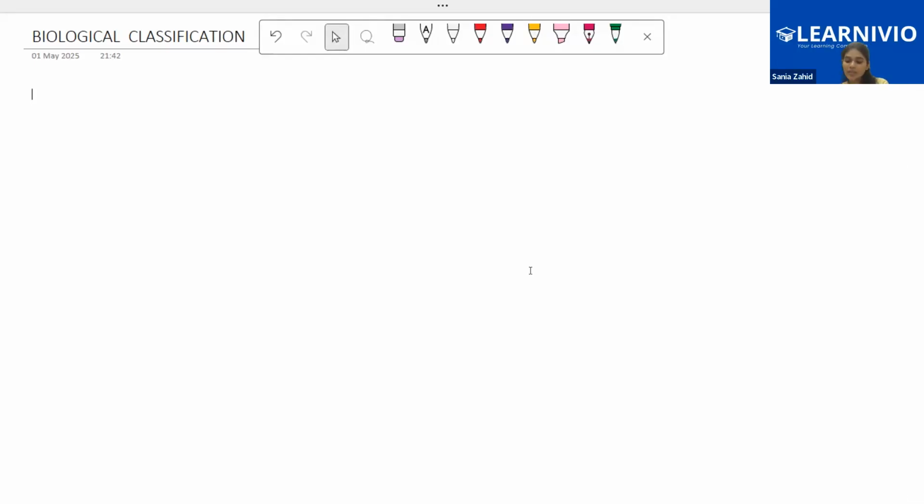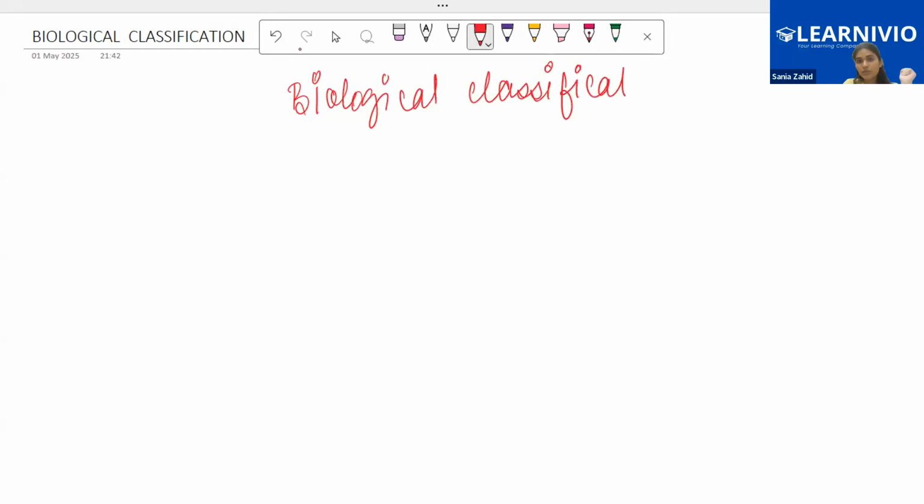And we got to know that it is very important that we divide the organisms into different classes, right? So in this lesson, we start with this. We will learn how we classify the organisms.